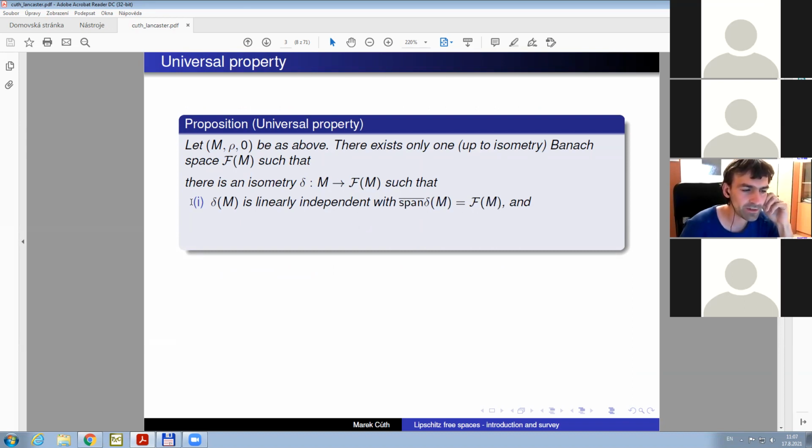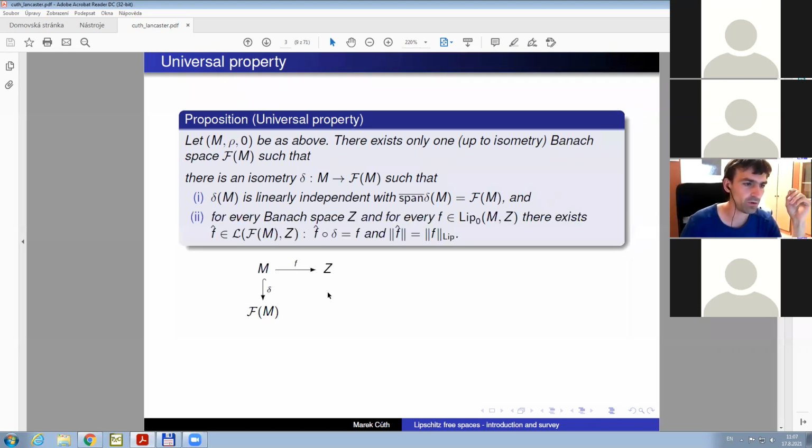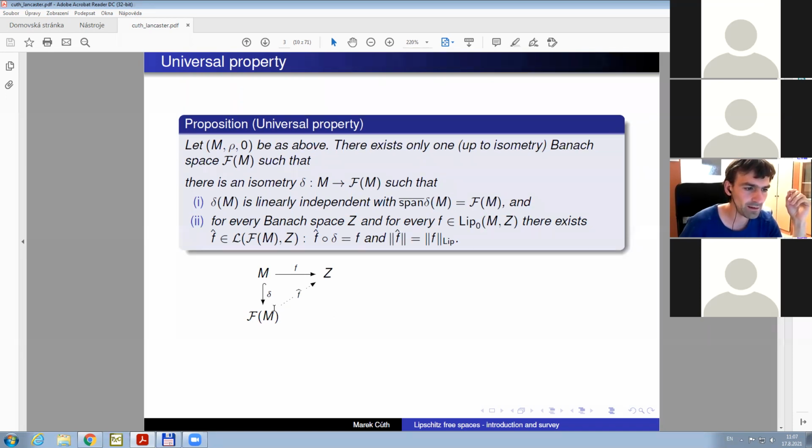So this itself is quite a remarkable property, that you can embed a metric space into a Banach space in such a way that each vector is linearly independent. But moreover, those spaces have one more property, and this is the following. Whenever we have a Lipschitz mapping F, like here, then we can extend it to a linear mapping F hat, not enlarging the norm.